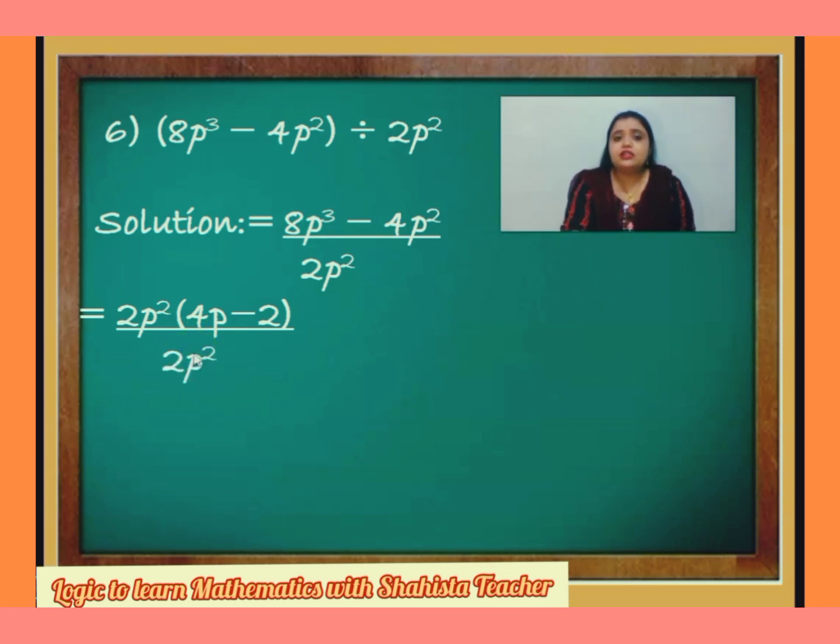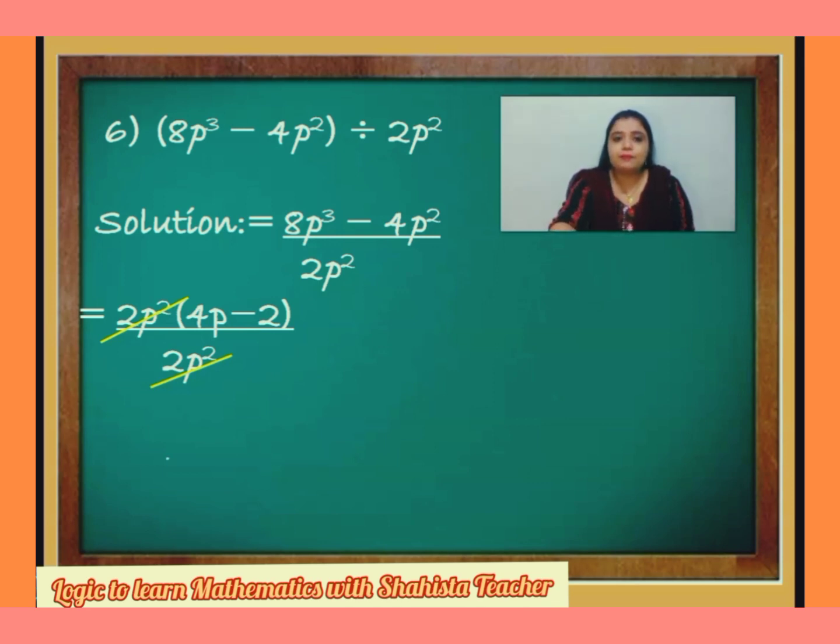Now the common numerator and common denominator get cancelled. So the numerator 2p square and the denominator 2p square get cancelled. After cancelling we get the numerator 4p minus 2. So 4p minus 2 is our quotient and the remainder is 0.